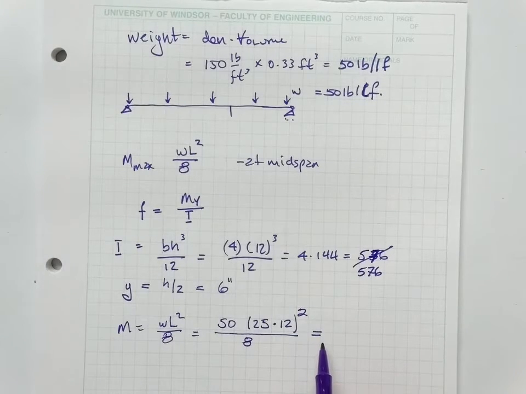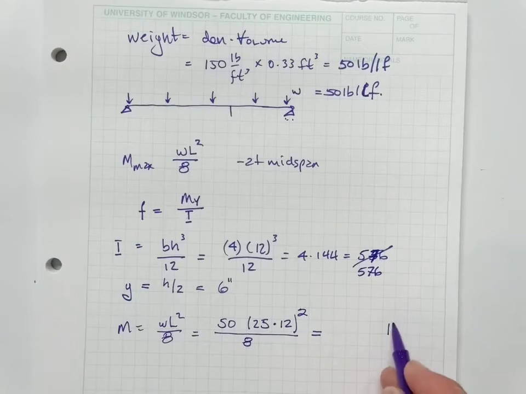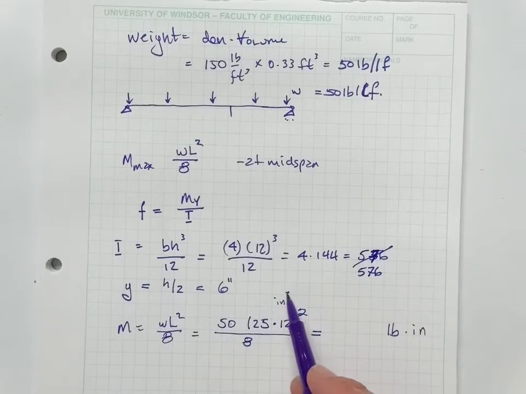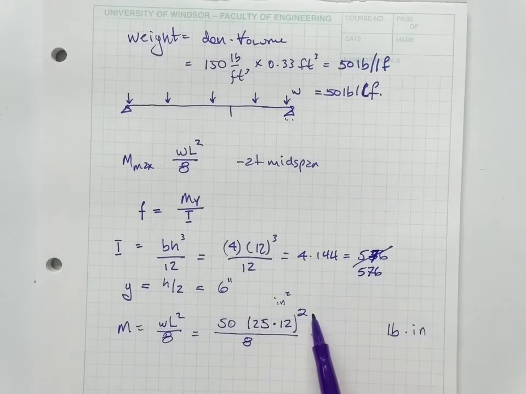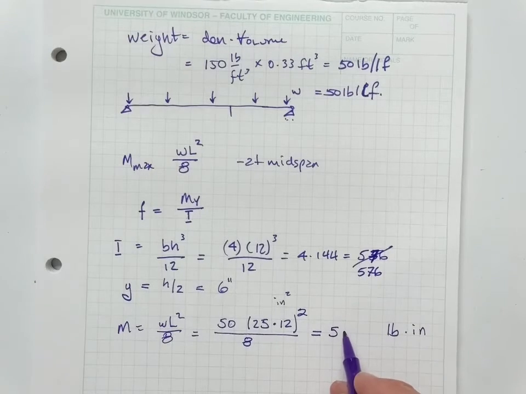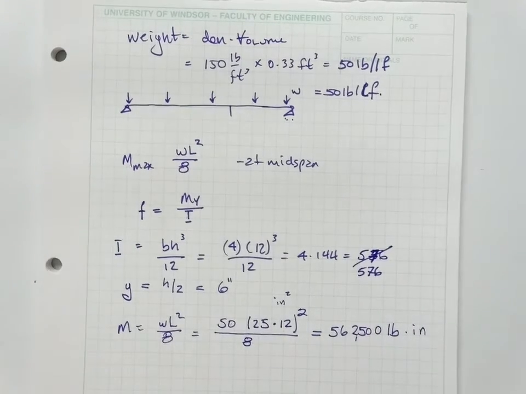This gives me a moment in pound-inches. So if I calculate that number, what do I get? 562,500 pound-inches.